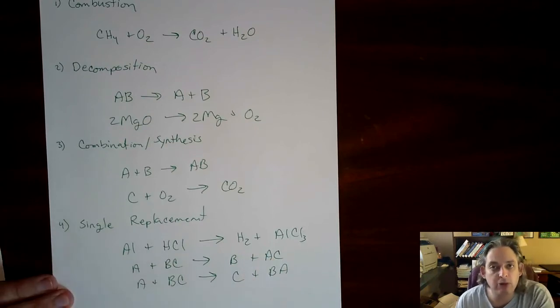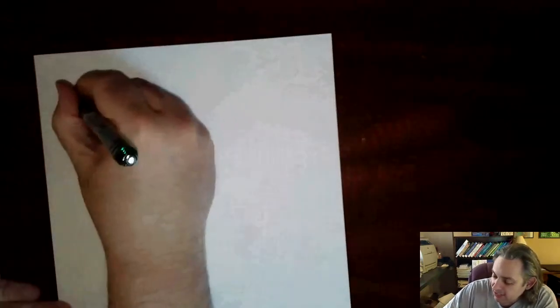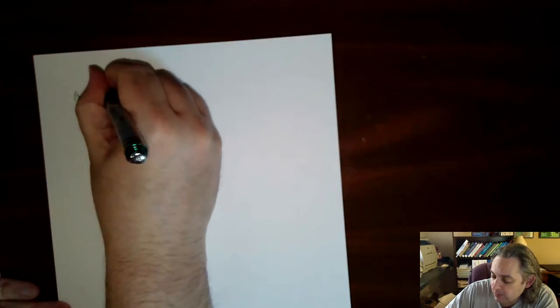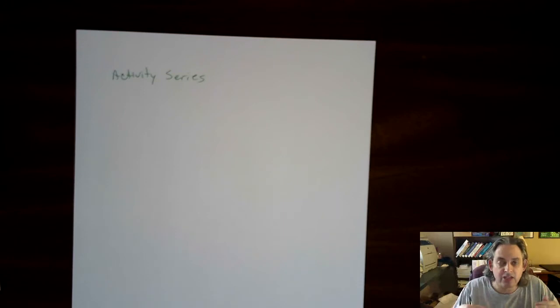Now, the way we can predict whether or not a single replacement reaction happens is what we call an activity series. An activity series is something that is determined experimentally, where a series of experiments are done just to see if a reaction happens. We have this series of elements with the more reactive elements at the top, first on the list, and the least reactive at the bottom, at the end of the list.